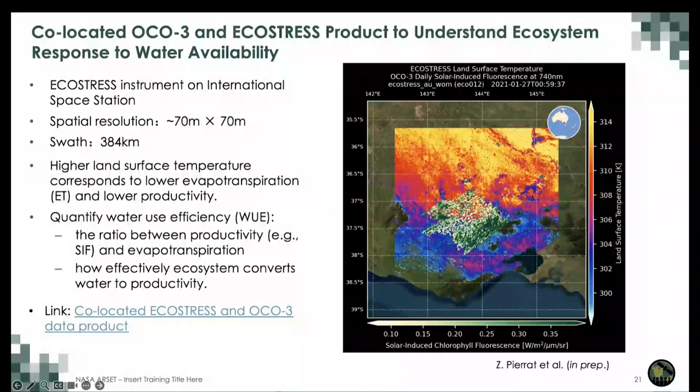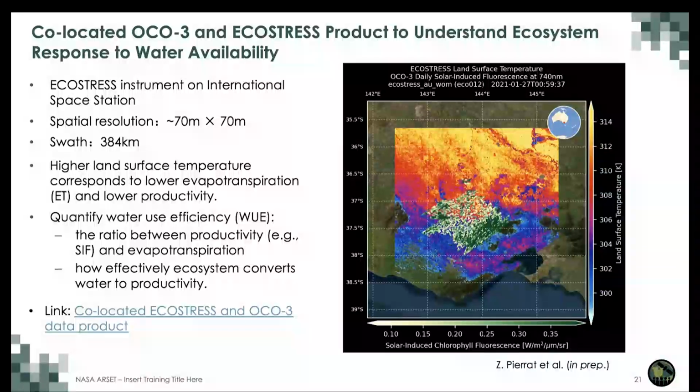This is because when plants photosynthesize, they release water to the atmosphere and at the same time absorb heat, which then cools the land surface. So this can really tell us how effectively plants convert water to productivity. The community has defined a quantity to measure this. It's called water use efficiency.